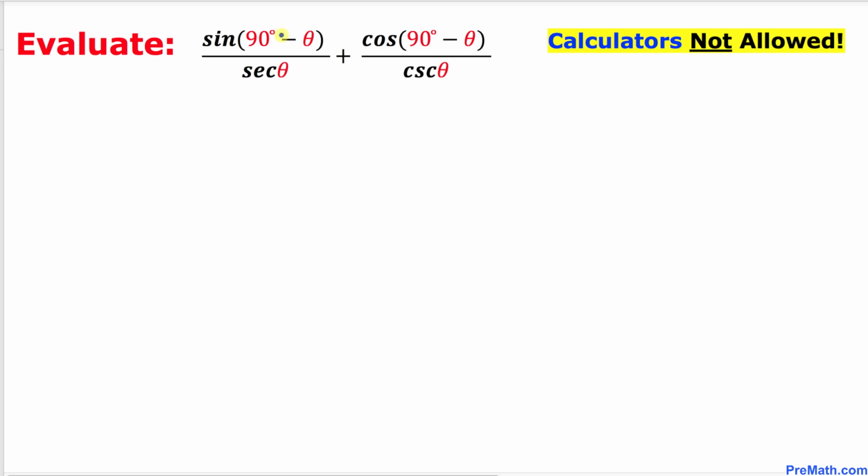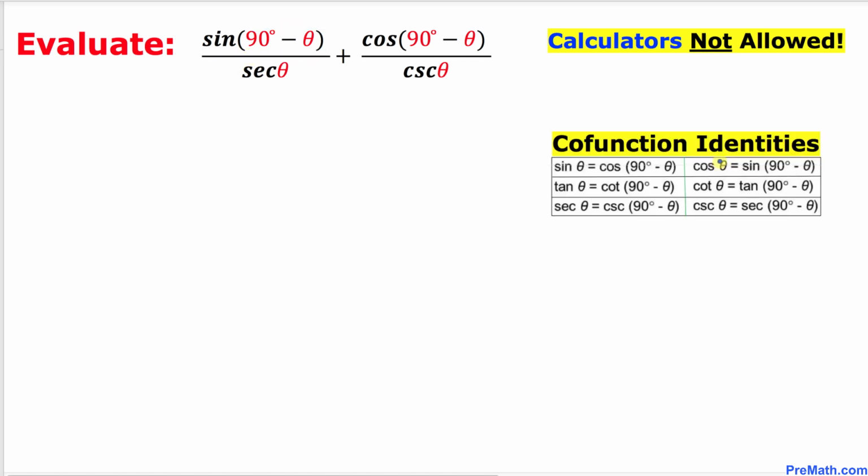Let's focus on the numerator, this part, sine of 90 minus theta. Here we can see that sine of 90 minus theta is the same as cosine of theta since they are cofunctions. So we can replace the sine of 90 minus theta by simply cosine of theta.